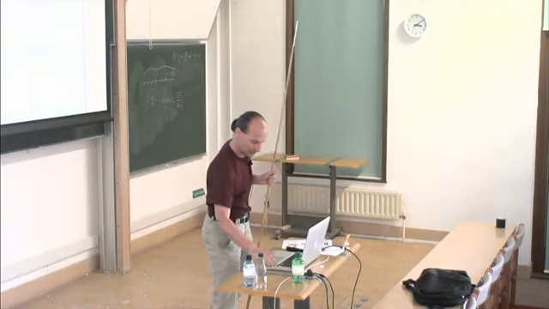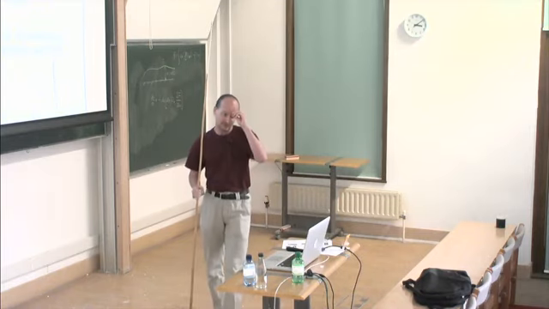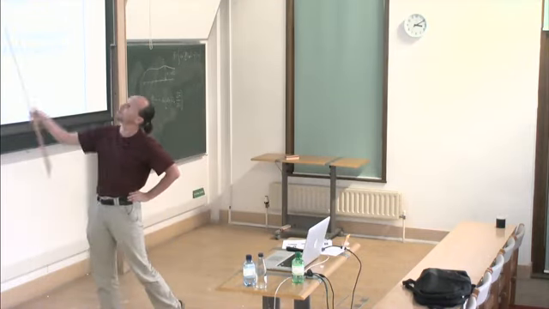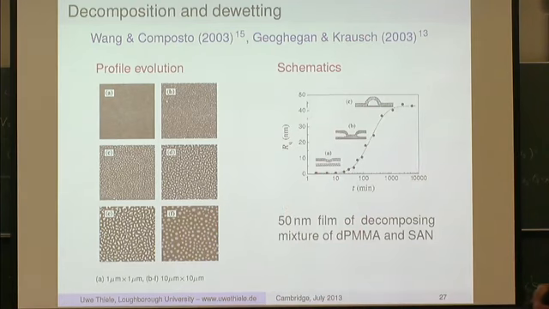Now another experiment, same review paper, and I think it was taken from a sequence of papers of Wang and Composto, where people looked at the pattern formation or evolution of very thin films again, but now of mixtures. And these are mixtures that might decompose or might not, and they might de-wet or they might not de-wet.